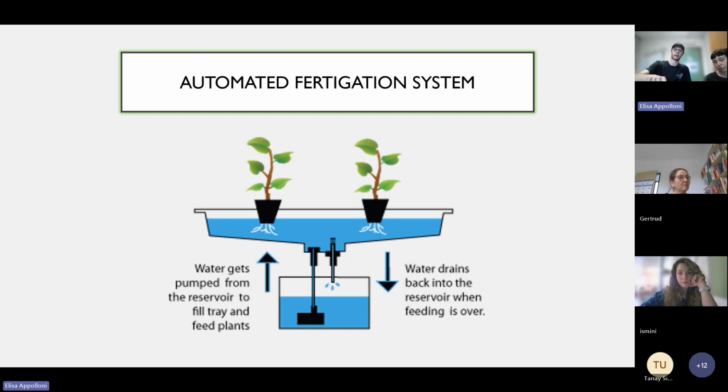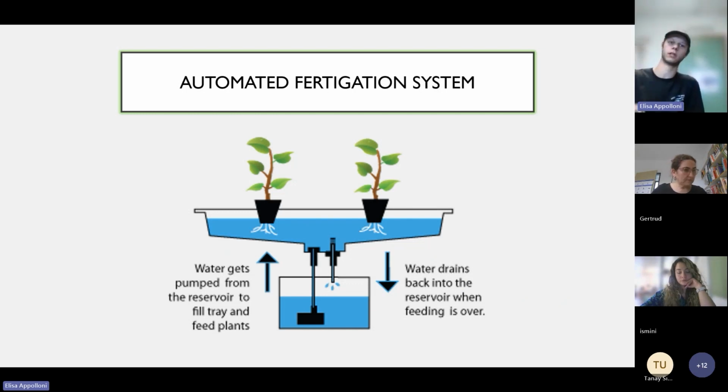So in this case, the tank is put directly below the cultivation system, and so the pump will just pump the nutrient solution inside the hydroponic system, and then when the feeding is over, the water will drain back into the reservoir below the system. So in this case, we don't need two different pumps. We need only one, and we will also use less electricity because we don't have to bring back the nutrient solution to our main tank.